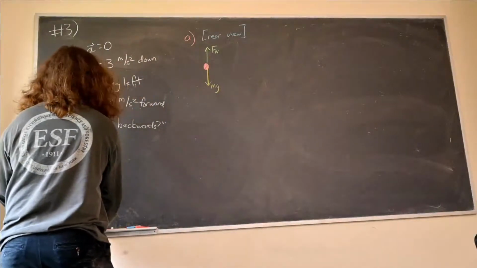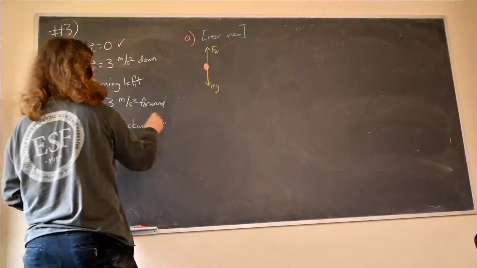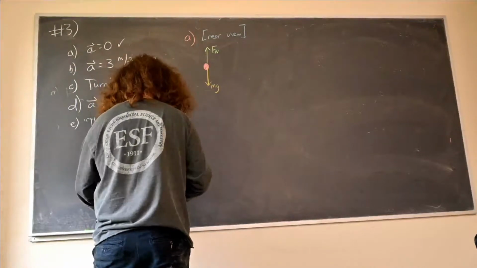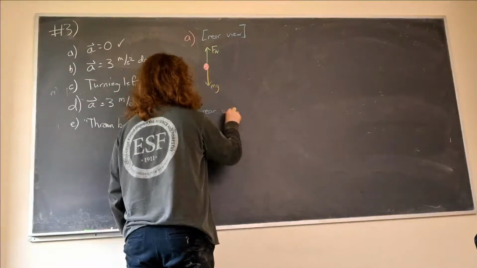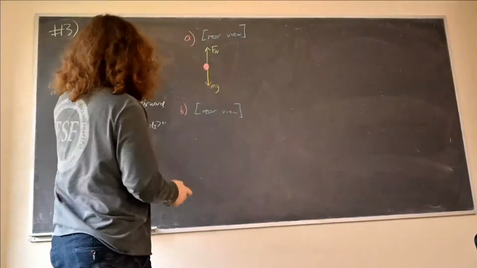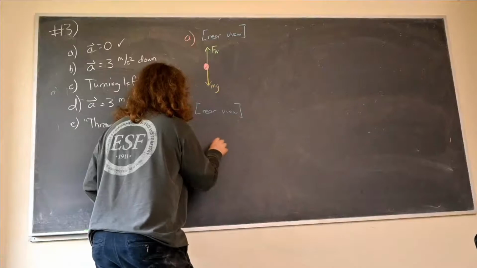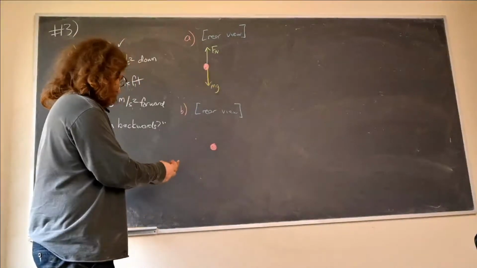For number 2, so we did this one. For number 2, we will also do a rear view. Here, if I'm accelerating downward, well, I don't need any forces to the side, but I know my net force has got to be down.